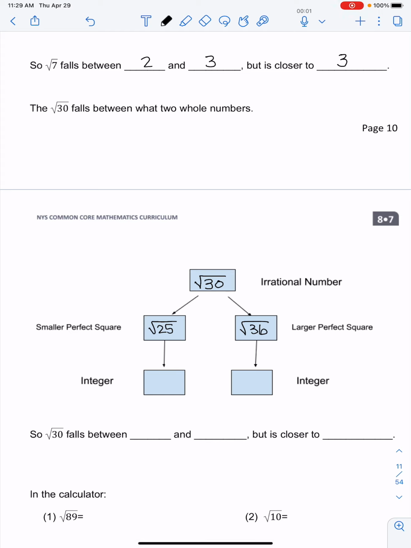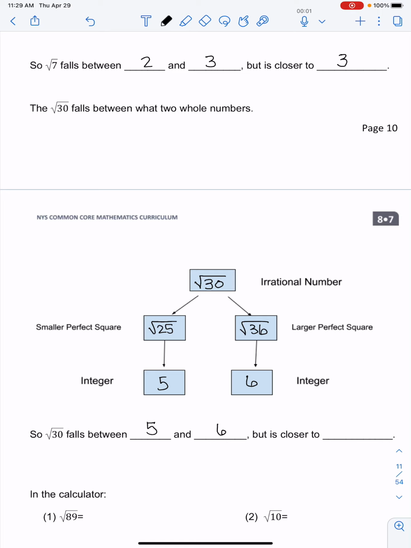So those two integers are 5 and 6. In this particular case, the square root of 30 falls between 5 and 6. So if I look at this now, it is closer to 5, I believe, than 6.